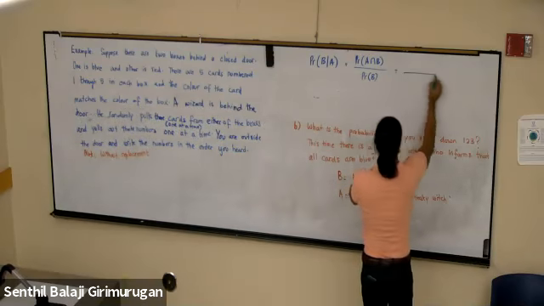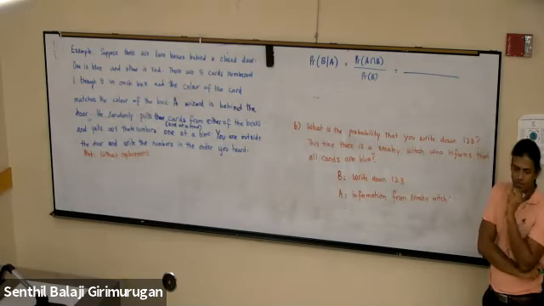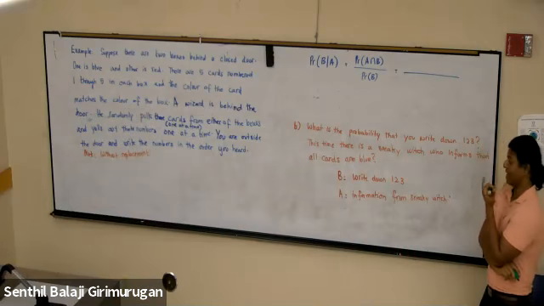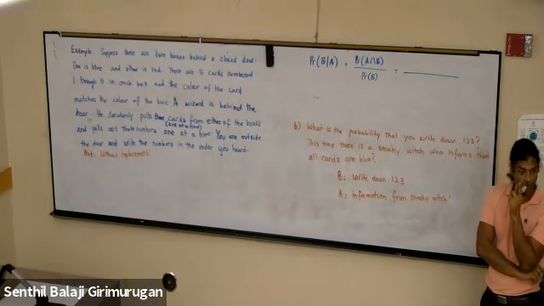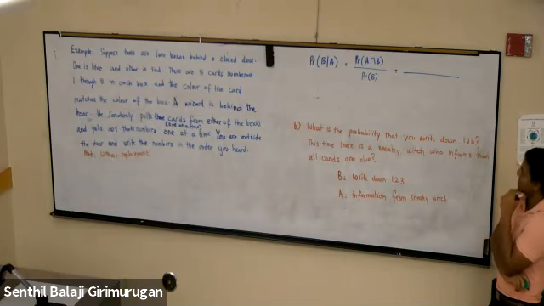Casey asked me, we have this probability, and how do we know whether this is a permutation or a combination? Most of you drew those dots and lines, which is a good thing.